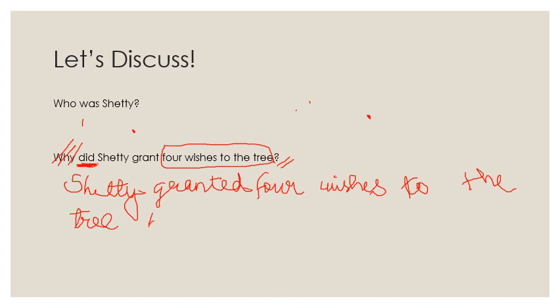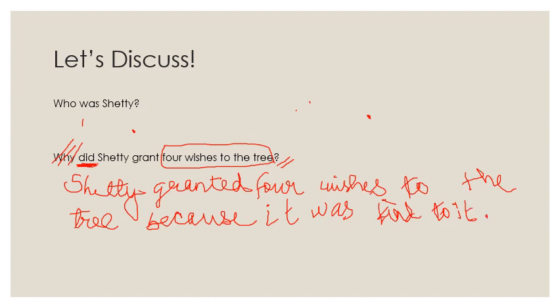Link word like because. Okay, so Shetty granted 4 wishes to the tree because the tree was kind to it. Very good. Kind to it. And at the end we have again a full stop.